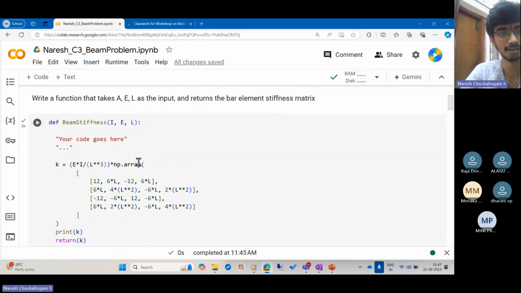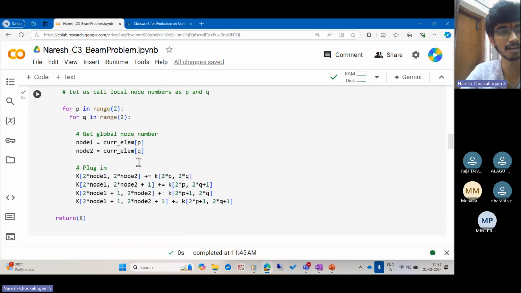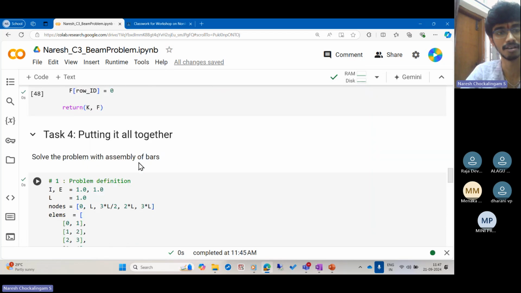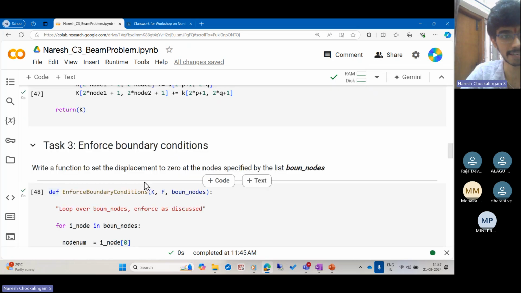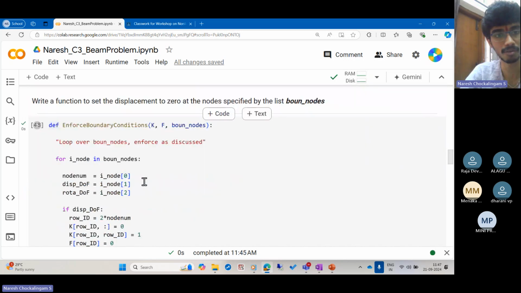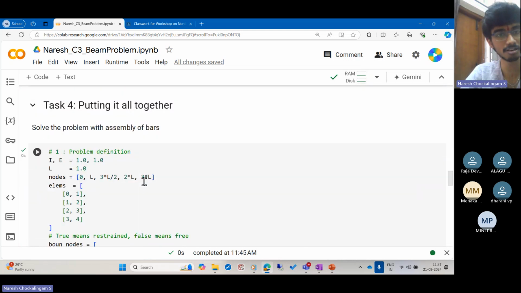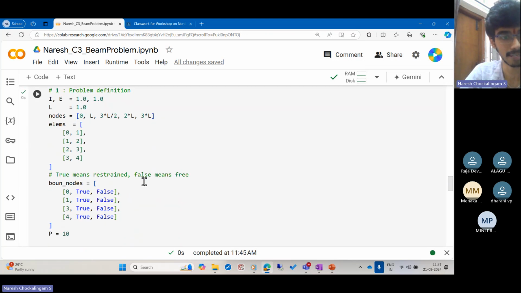The steps are only 4: element stiffness, assemble global stiffness, enforce boundary conditions, and then solve. In the nonlinear problems, there'll be one additional step where we are doing some iterations to get the correct solution, and those will get incorporated into the beam, frame, and bar problems. So basically, that will be the end of it.